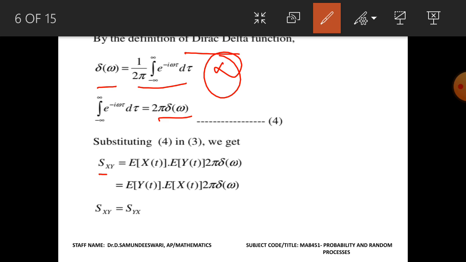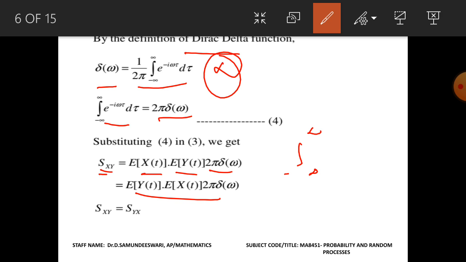So what is my Sxy? It is equal to expectation of x of t into expectation of y of t into, in the place of the integral, I am replacing the Dirac delta function, so it is 2 pi into delta of omega. This is my Sxy. If you want to find the Syx value, it is also the same.